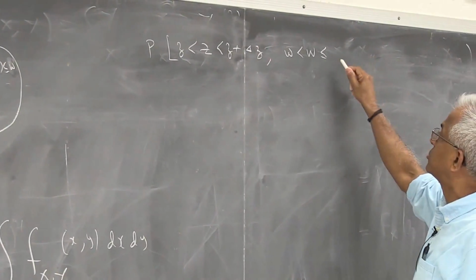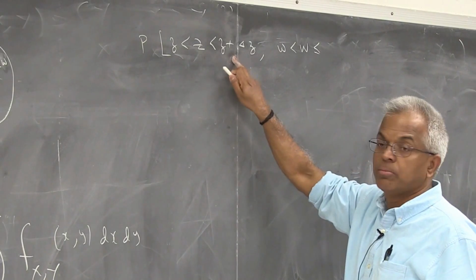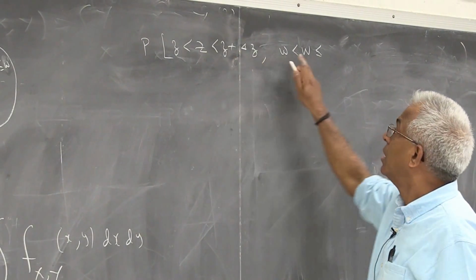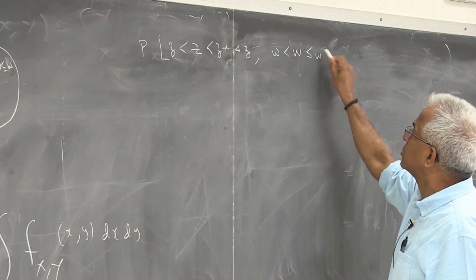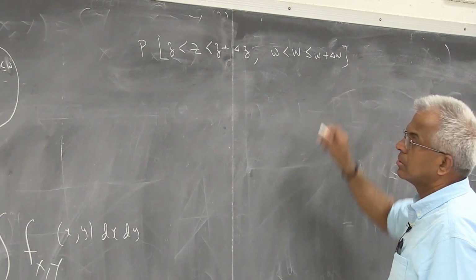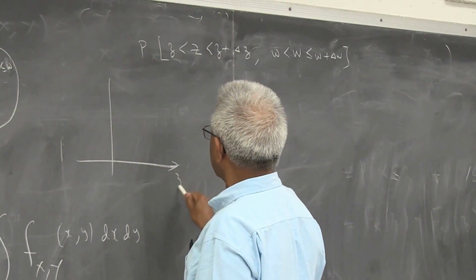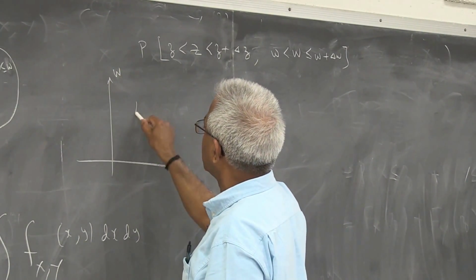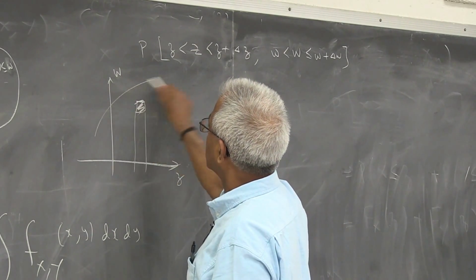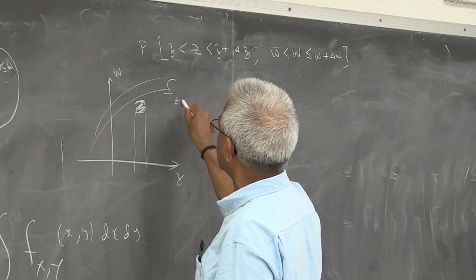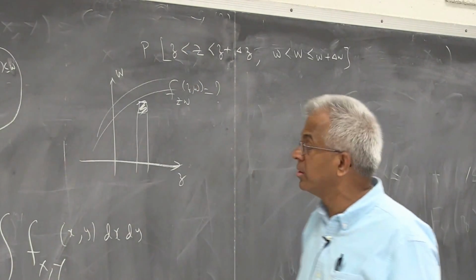The probability of this specific event where the random variable Z is between z and z plus delta z, and W is between w and w plus delta w. So you have z, w, and we are saying this is what we are interested in. Of course, here lives f_ZW(z, w), but this is unknown. This is what we are trying to find out.